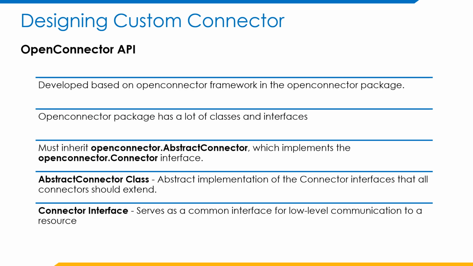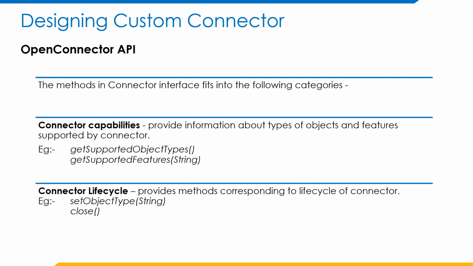OpenConnector.AbstractConnector is an implementation of connector interfaces that all connectors should extend. And OpenConnector.Connector serves as a common interface for low-level communication to a resource. The methods in this interface fit into one of the following categories.